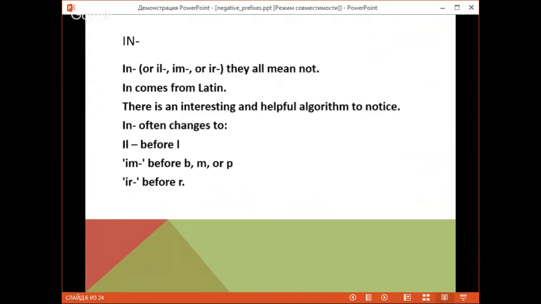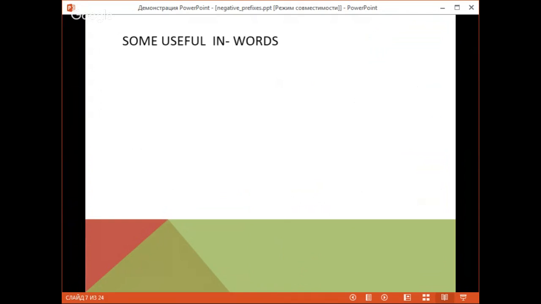Oh, of course, we all remember irregular verbs. These changes are applied just to make the pronunciation easier.